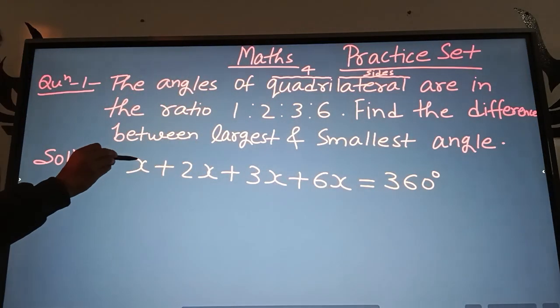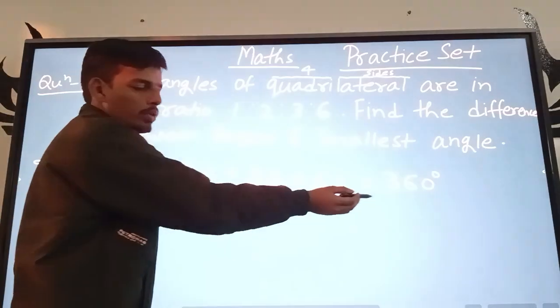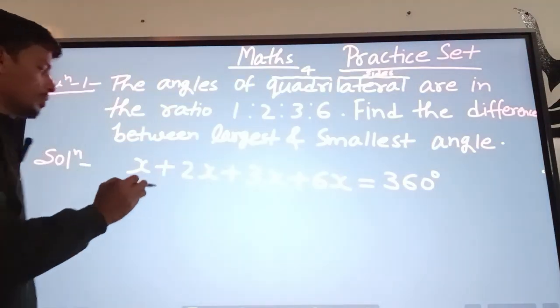It is the sum of angles of a quadrilateral, and the total value is 360 degrees.